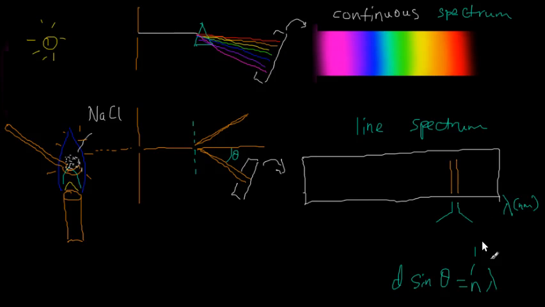From measurements that people have made, the wavelength of those two lines, for this one is 589.0 nanometers.